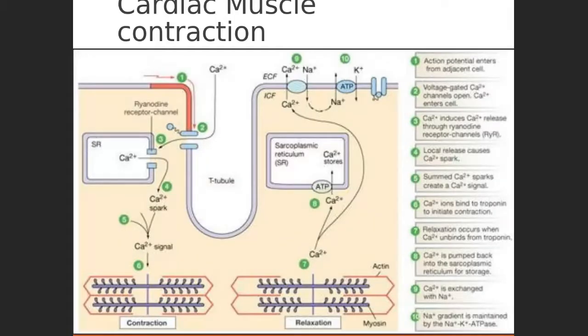As that impulse is going down the transverse tubules, it's going to meet calcium voltage-gated channels. Similar to the voltage-gated channels we experienced when we did neuro. We need a certain threshold for them to open, and then once they do, in this case, calcium enters the muscle cell.